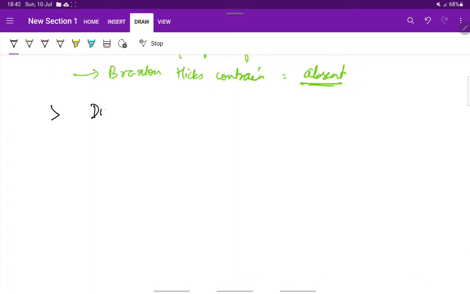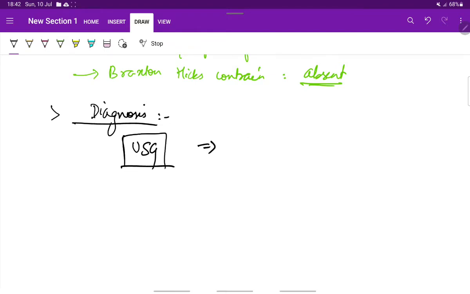Next is the diagnosis. For diagnosis, the important is ultrasound abdomen, which shows empty uterus without any gestational sac, and the uterus may be seen as separate mass in relation to the gestational sac.